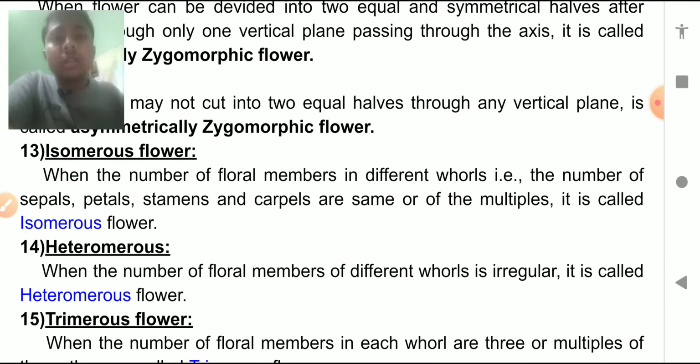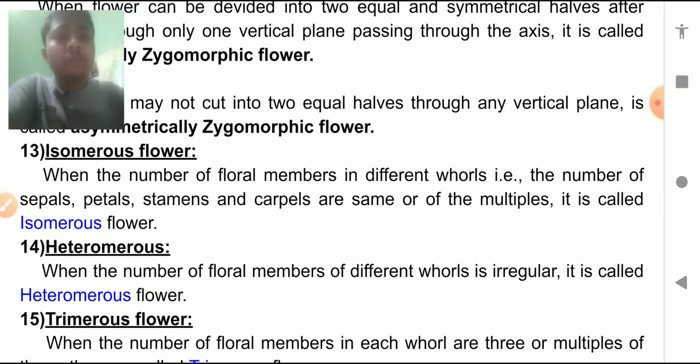So they are arranged in a particular sequence, like 3 or multiples of 3. So the definition is: when the number of floral members in different whorls, in other words the number of sepals, petals, stamens and carpels, are the same or multiples, it is called an isomerous flower.